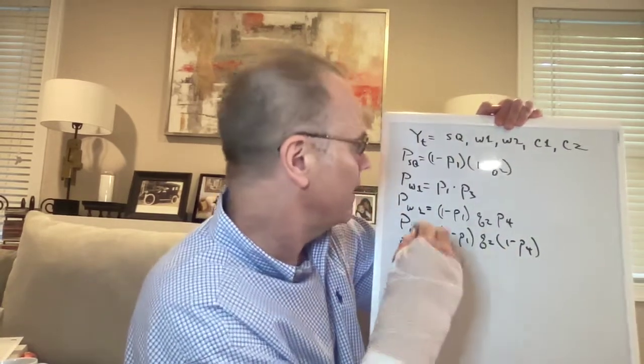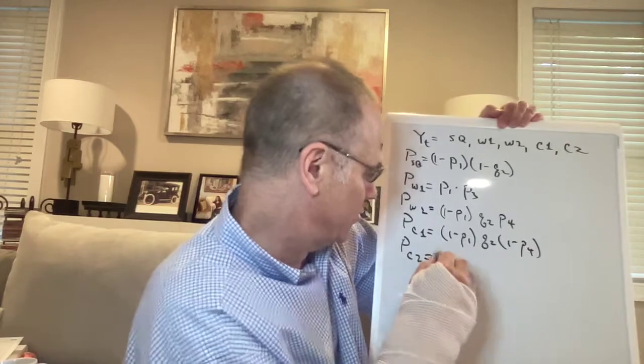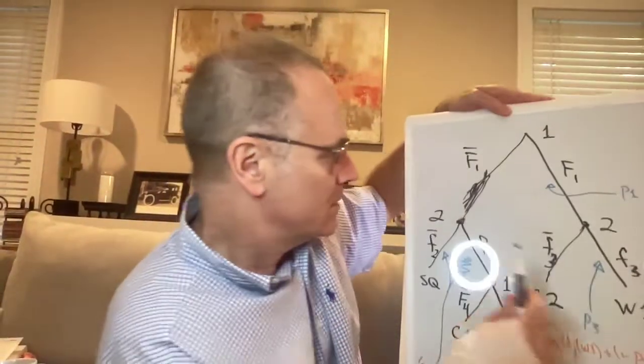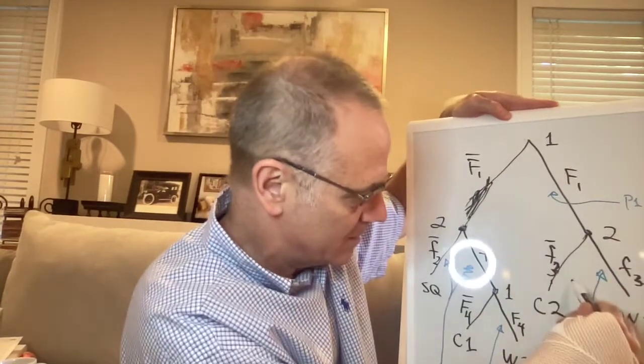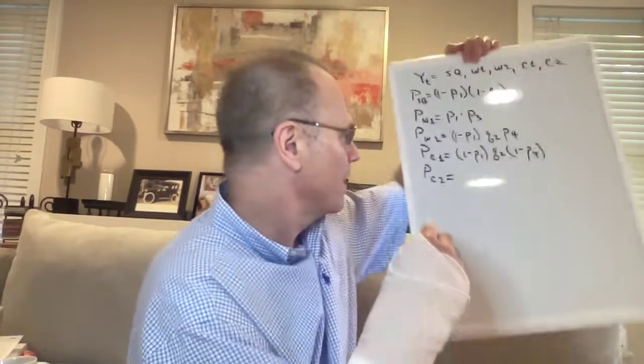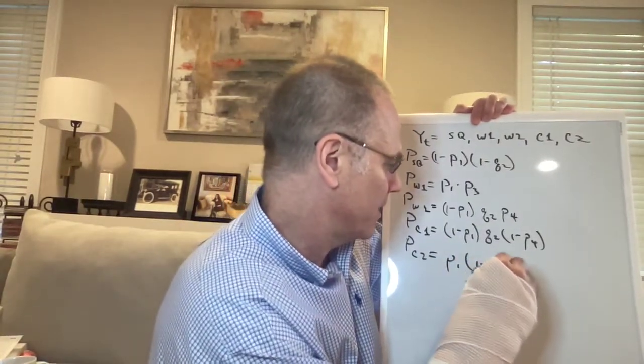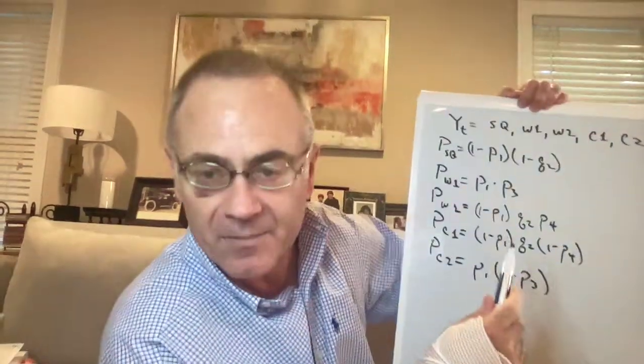And then P of C2 equals P1 times 1 minus P3. Okay.